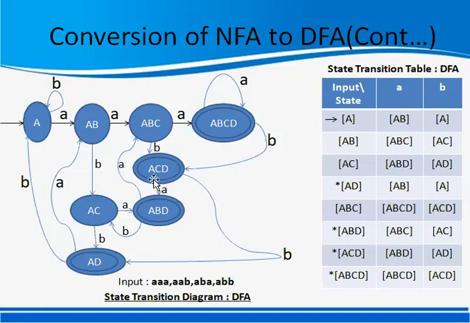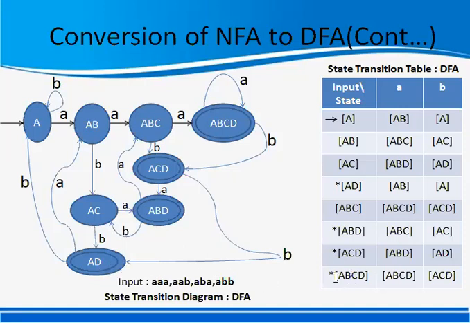Now we will see transitions on ACD. From state ACD, on input small a, the next state will be ABD. Now on input small b, the next state will be AD.